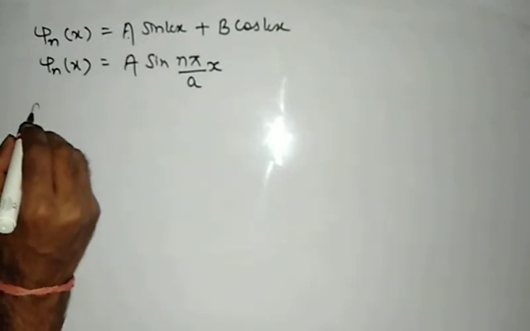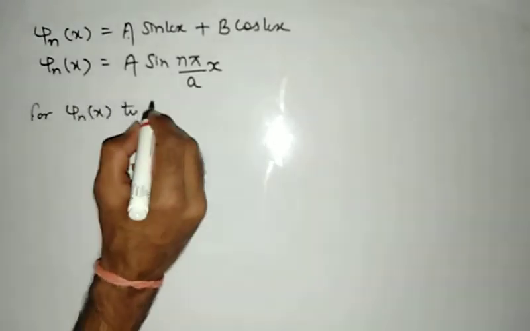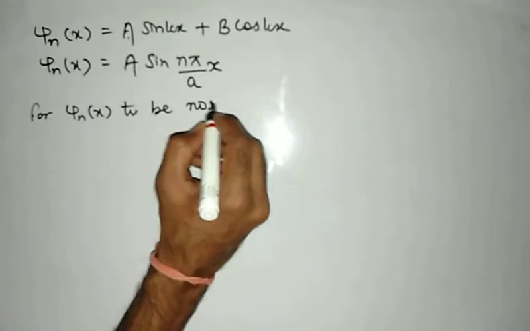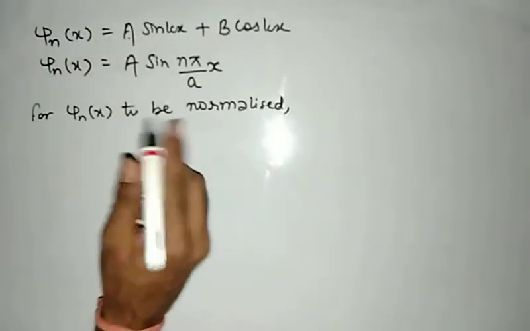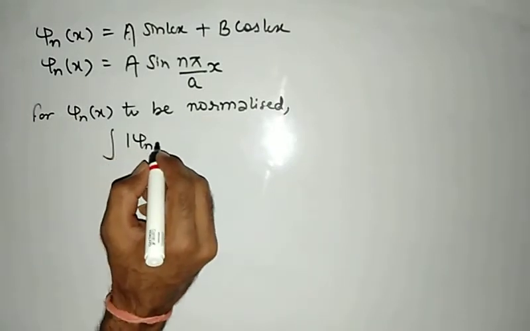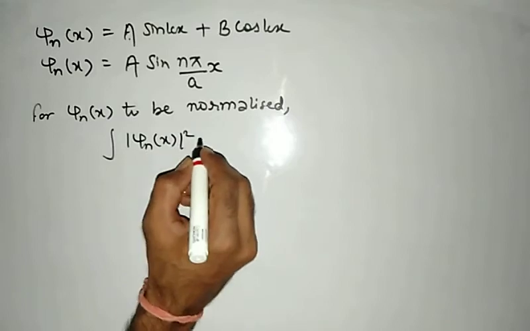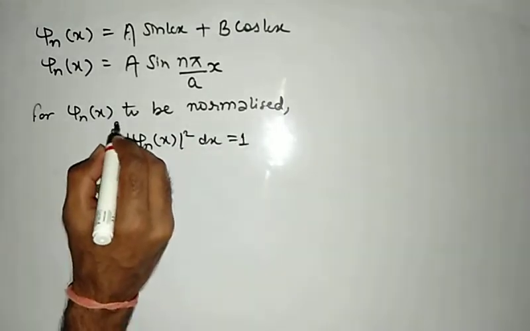So for psi n(x) to be normalized, we use the condition that the integral of psi star psi dx is equal to 1 in the region 0 to a.